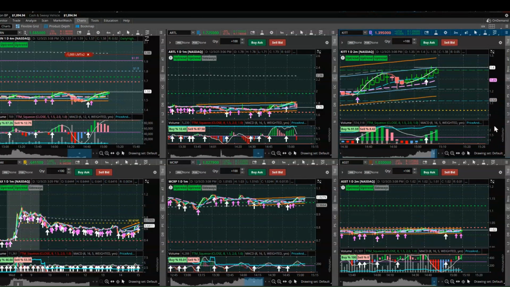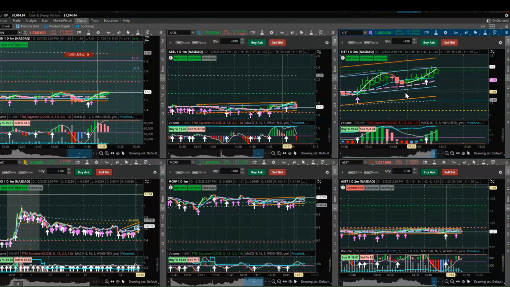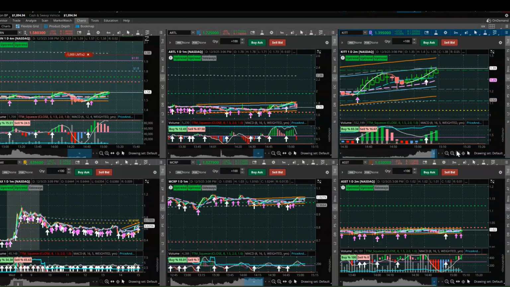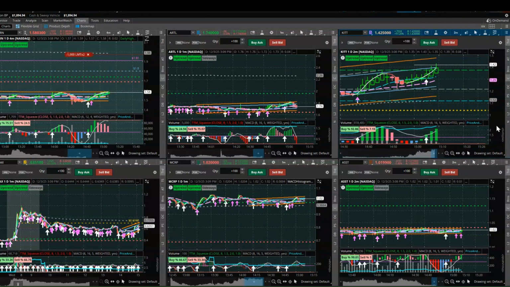There, now my price ledgers are 10 cents, and I can see that clearly. This is a 2-minute chart, and I prefer a 2-minute chart among anything else. I've tried all the time frames, and 2 minutes seems to work really good for me. So that's the Fibonacci percent drawing.